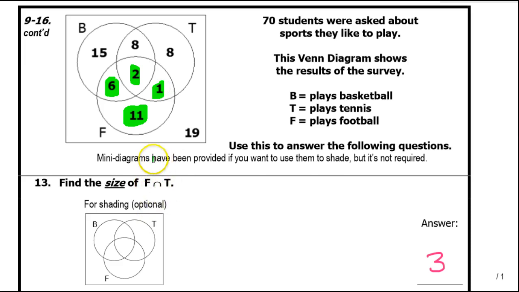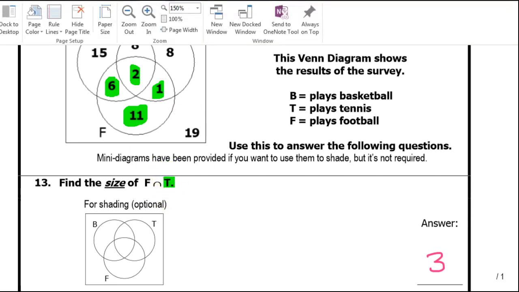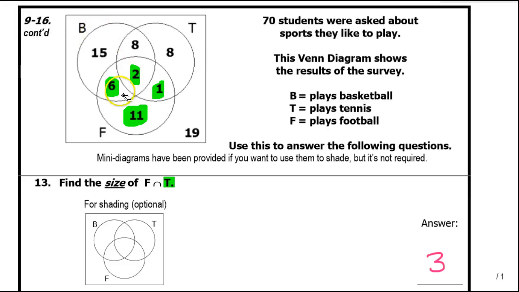So I'm going to make this less by using T. So when I say using T, it means it has to be T. T has to be true. I need numbers that are in T. So that means I have to get rid of the 6 and the 11 because they're not in T. So that leaves me with the 2 and the 1. All right, so I could look at it as starting with F, and then I make it less because of T. It has to be T.